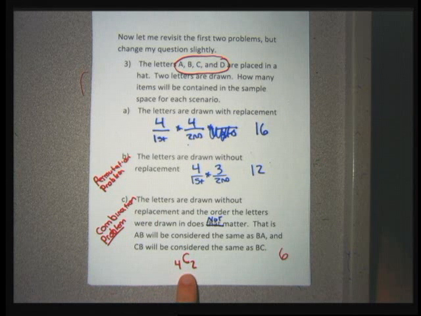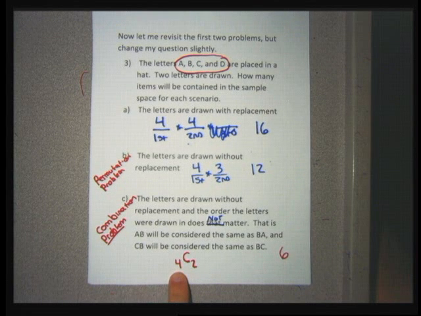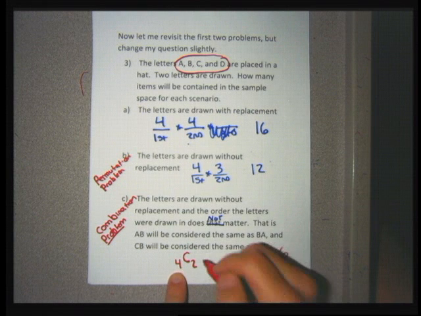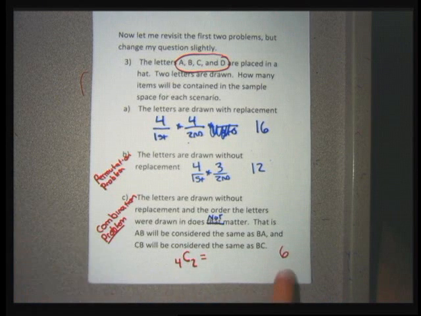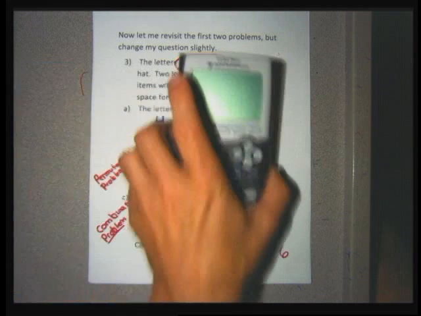So if I can't use the same letter twice, it means repetition isn't allowed. And the order that I write the items in isn't important, then we say this is a combination of 2 items taken from 4. And to get this answer 6, I'll use my calculator.